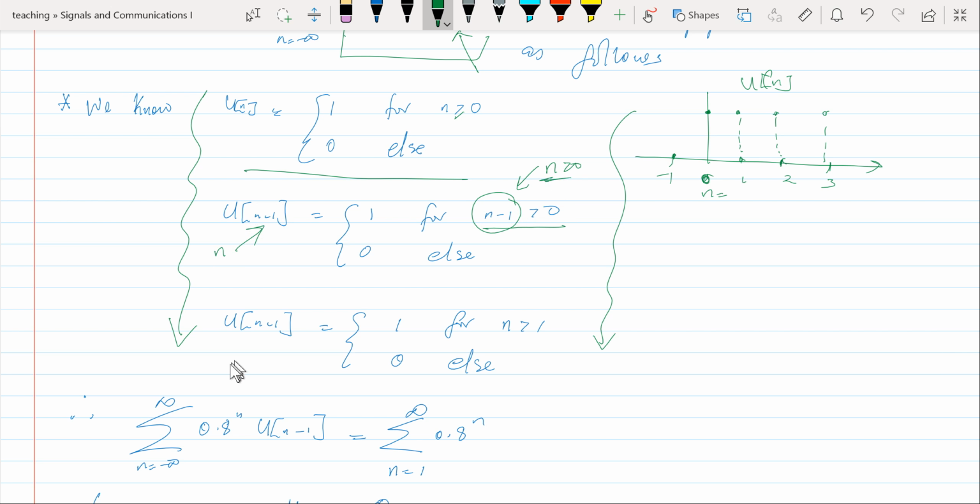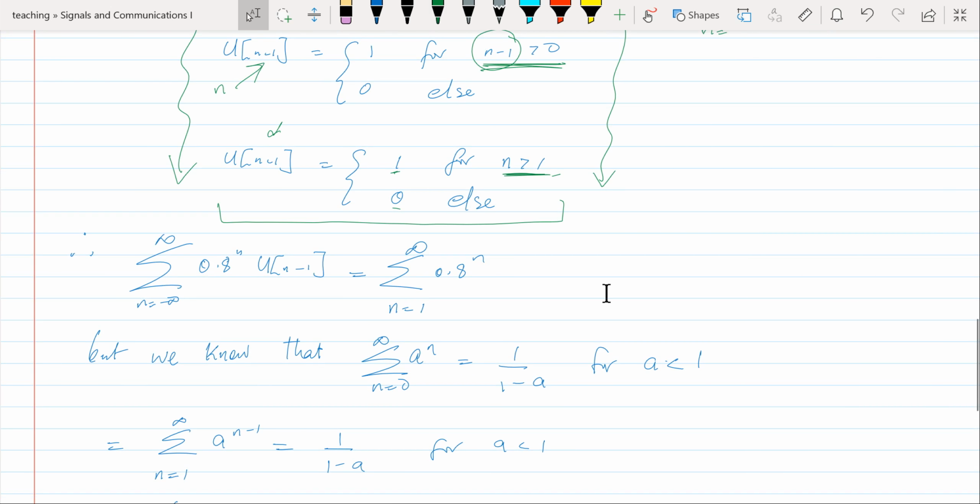That allows us to express this delayed unit step function in terms of the real value of n. When you add 1 on both sides of this inequality, this function will be equal to 1 when n is bigger than 1 and 0 otherwise.